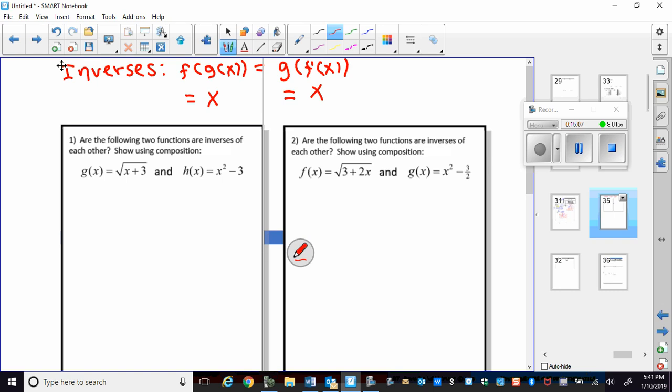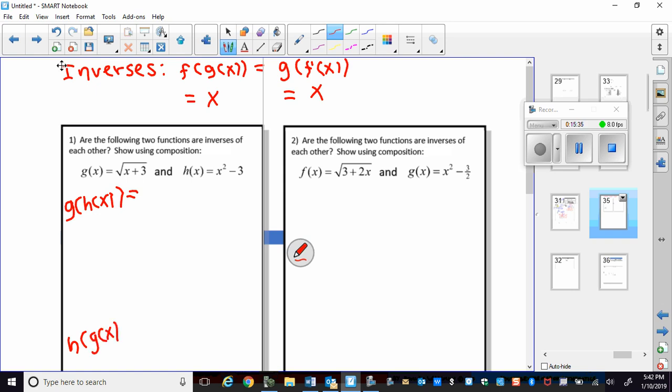It says, are the following two functions inverses of each other? So I have g of h of x. The way I find out is check to see if it equals x. I'm going to check this one first, and then I'm going to check the opposing one, h of g of x.